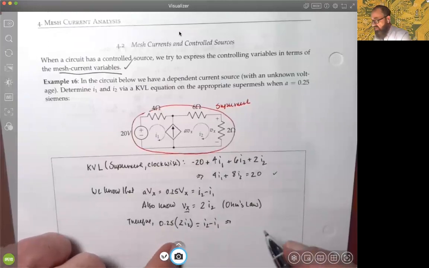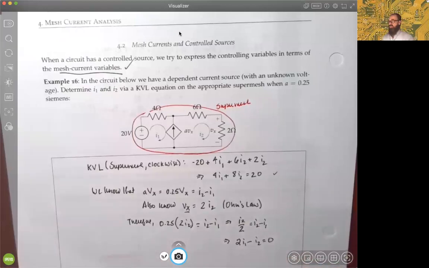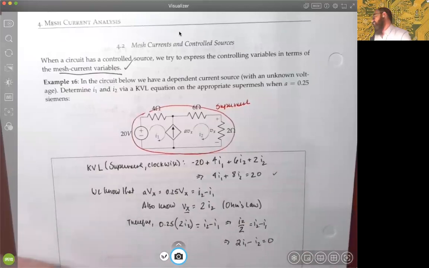So you're going to end up getting I2 over 2 has to be I2 minus I1. And you can clean that up a little bit and should be able to show that what you're going to get is 2 times I1 minus I2 equals 0. Okay, just multiplying through by 2 and cleaning things up a little bit, right?